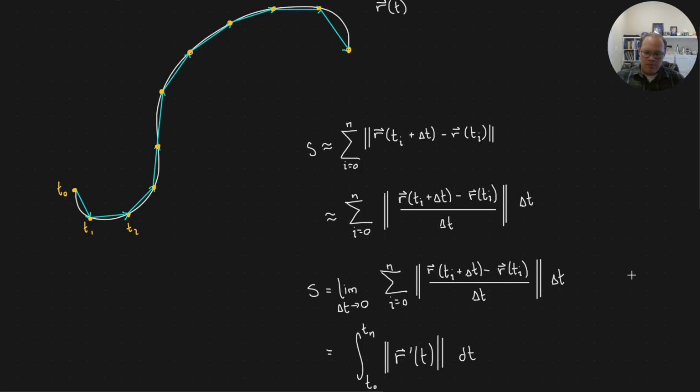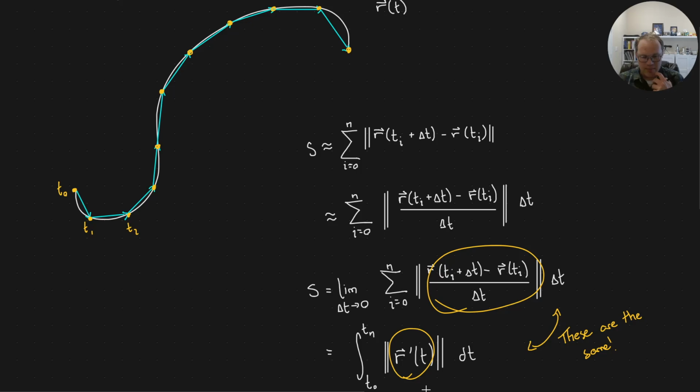If there's something you need to remember about integration, remember this. These are the same, with the exception of this. That's a little extra step that we don't always use when we do integration, but it's part of the same limit. As delta t gets closer to 0, this gets closer and closer to the derivative r prime.